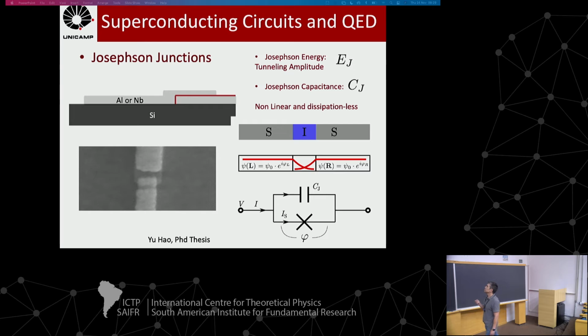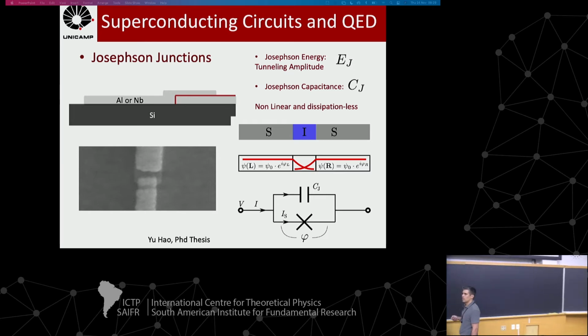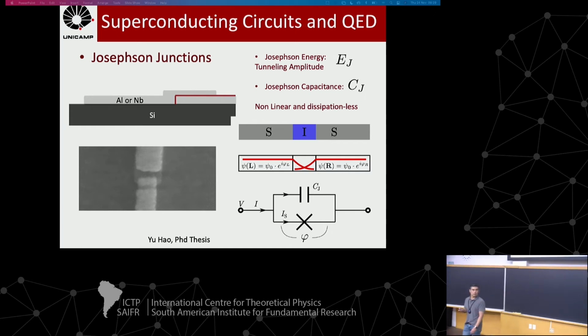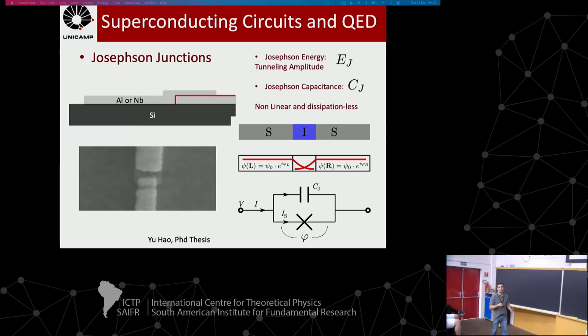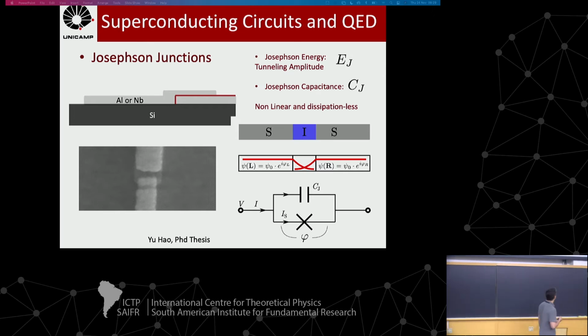We could use, for example, a normal metal, a magnetic material, or an insulating material, any material that will not give us superconductivity between the two parts of our junction.